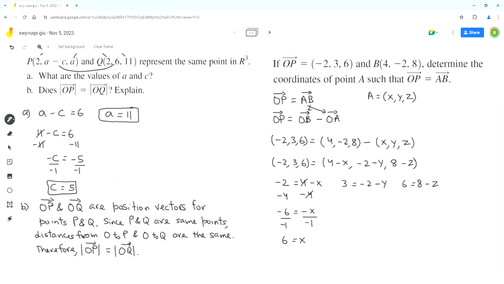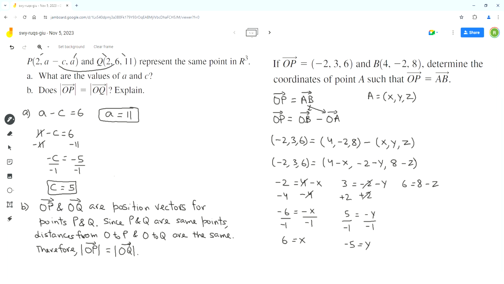Now we can solve the y equation. So we can add 2 on both sides. So 3 plus 2 is 5. And now we can divide both sides by negative 1. So y equals negative 5. Now we can solve for z.